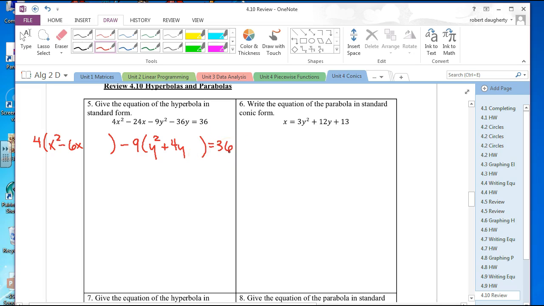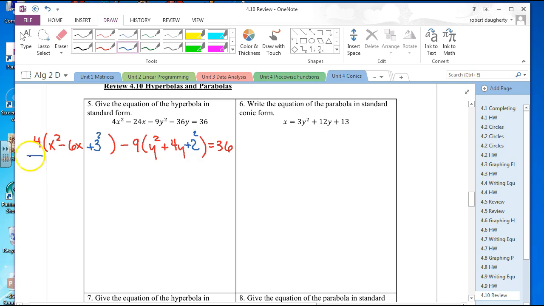Double checking, you can multiply this out. 4 times x squared is 4x squared. 4 times -6x, -24x. -9 times y squared, -9y squared. -9 times 4y, -36y. Now we complete the square. I have to add 3 squared and 2 squared.